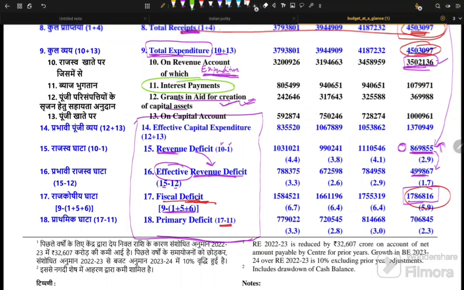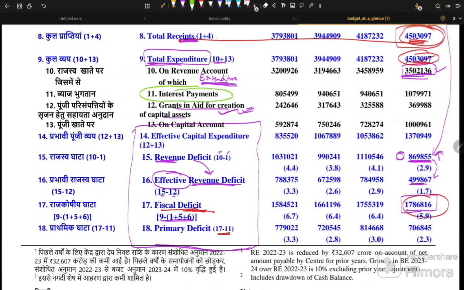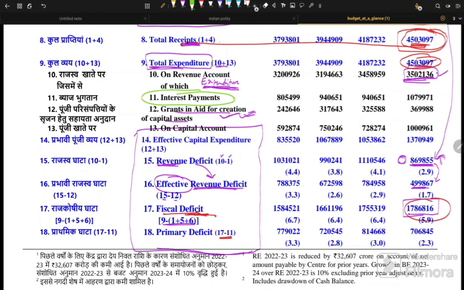Then primary deficit is the fiscal deficit minus 11. What it indicates is, in the fiscal deficit part, what is the amount of interest payment, what is the part of the fiscal deficit that is interest.